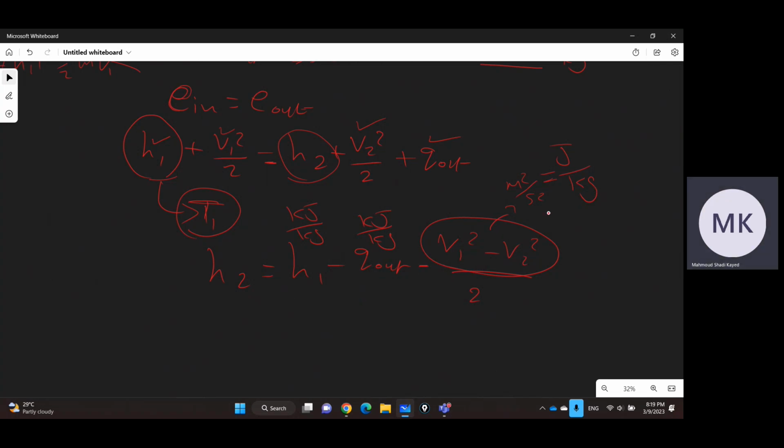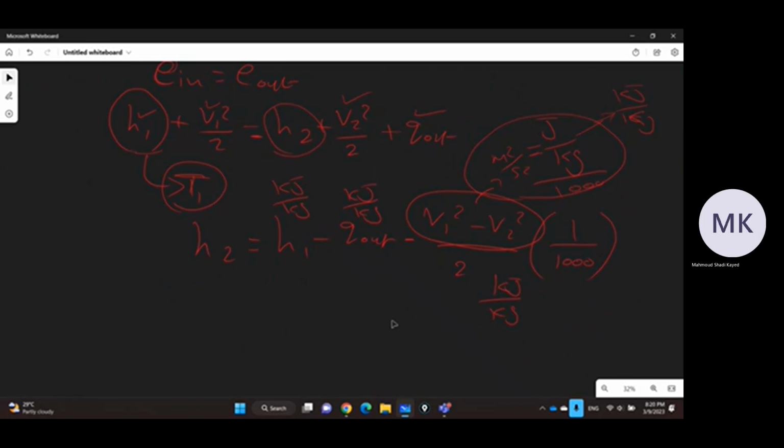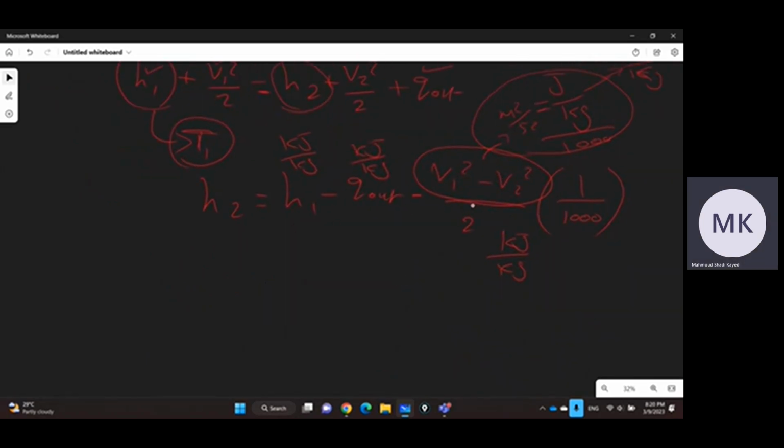We need to convert this term into kilojoule per kilogram, and we simply divide by 1000. So this term will also be kilojoule per kilogram, and now we can add them together and get the correct answer. This is very important. Maybe you will face it many times in the exam, and you need to be careful with it.